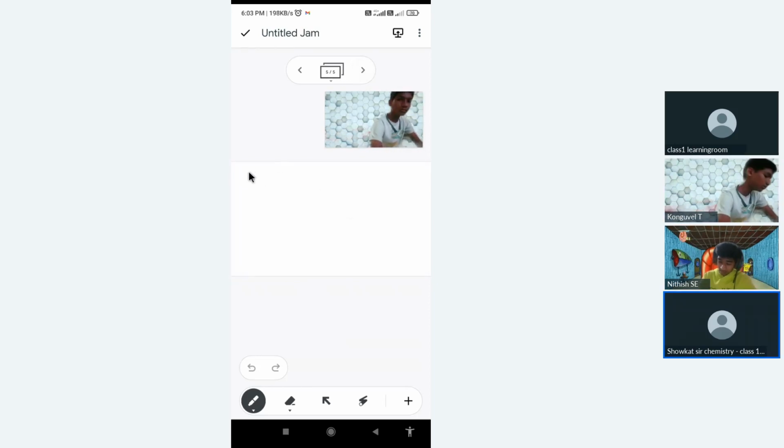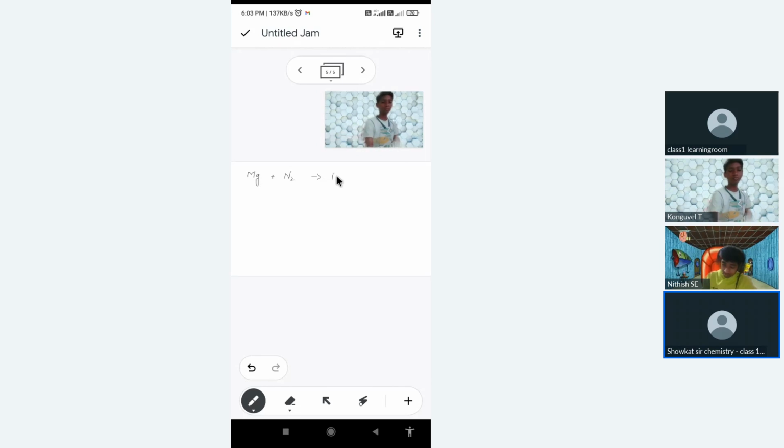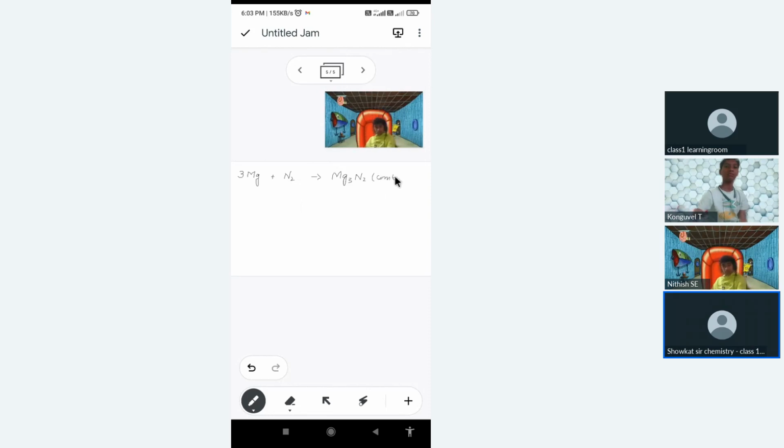If I write a reaction like this, let's say magnesium reacts with nitrogen gas and forms magnesium nitride, that is Mg3N2. Can you tell me, is it a combination reaction? Yes, it is, because there is only one single product.